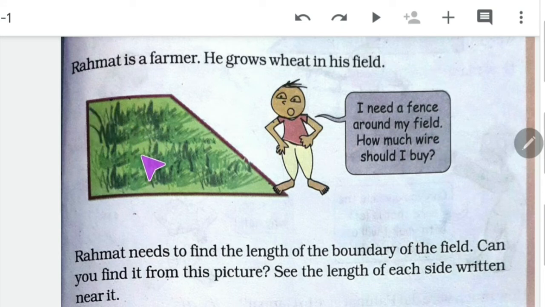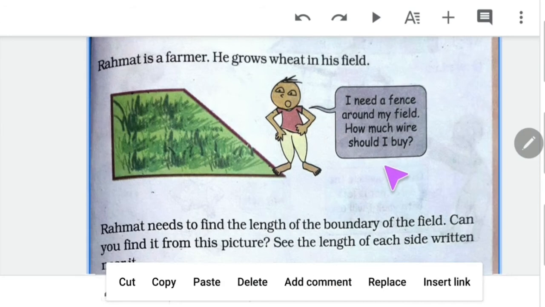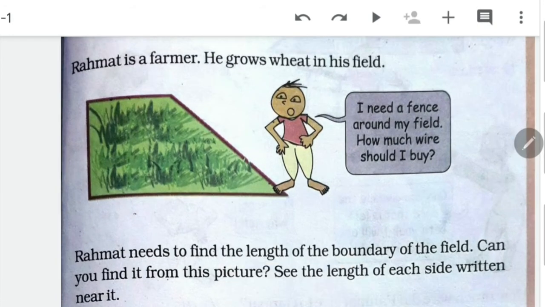This is his field and he wants a fence around it, and he is thinking, how much wire should I buy? So we have to help him find out how much wire he will need.